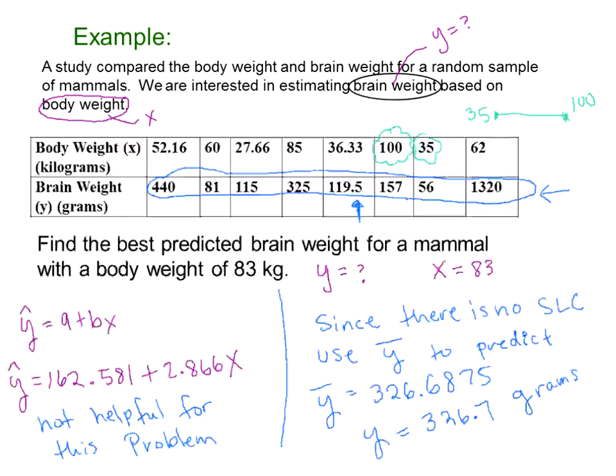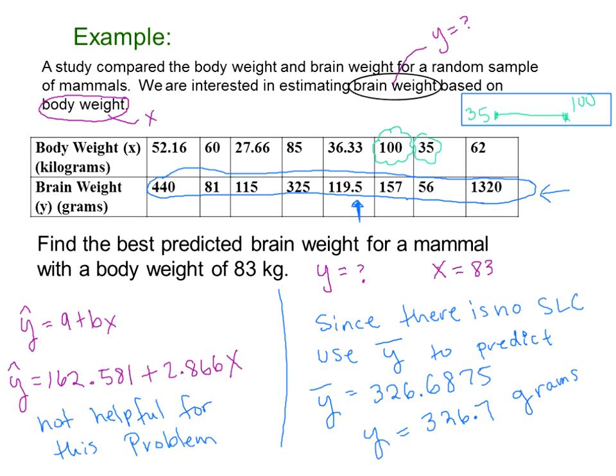So over here, my data goes from 35 to 100 on the X. So nothing smaller than 35 and nothing larger than 100. If you are making predictions, you need to use values of X that are within the minimum and the maximum. I could not make a prediction for when X is 200 because 200 is outside the scope of my data.